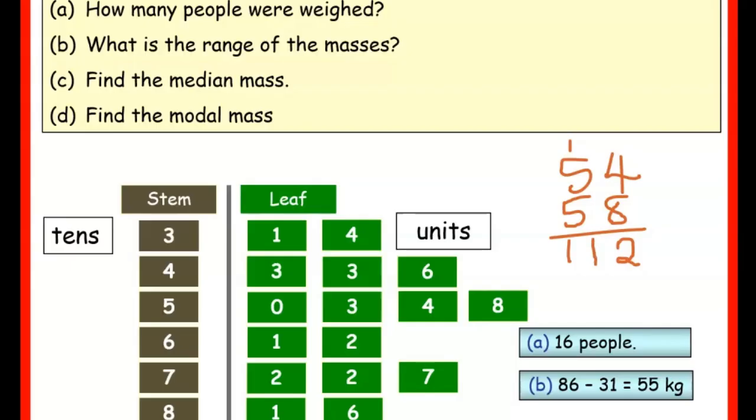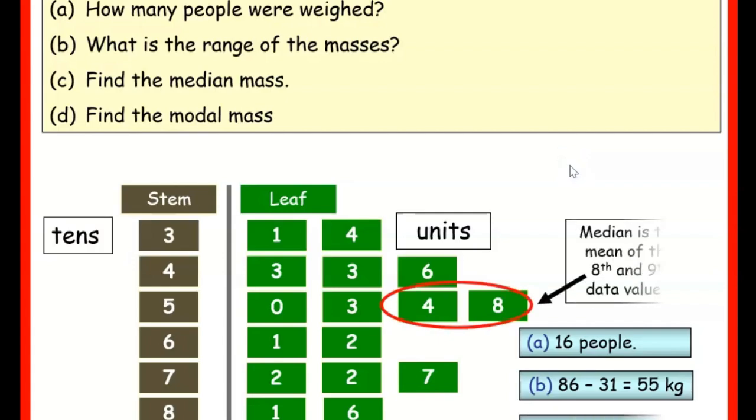Altogether we're going to have 112. So we divide 112 by 2, and we're going to have 56. So this is going to be the median: 56 kilograms.